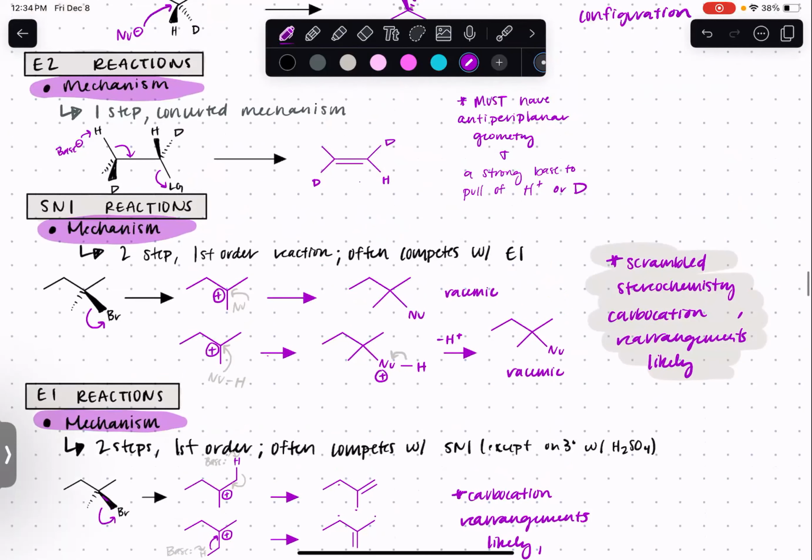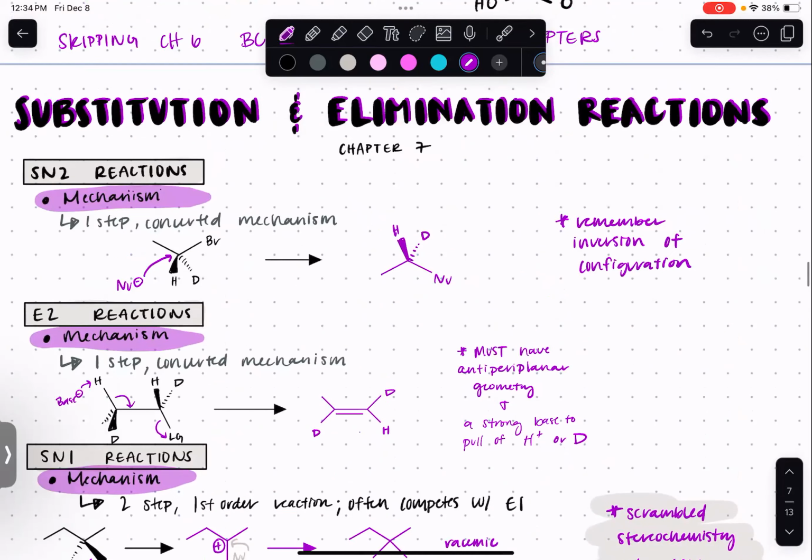Like if we look at SN2, it's very, very stereoselective because we're going to get inversion of configuration. So everything very specifically has to be on a wedge or on a dash. So with that one, we only have one product.